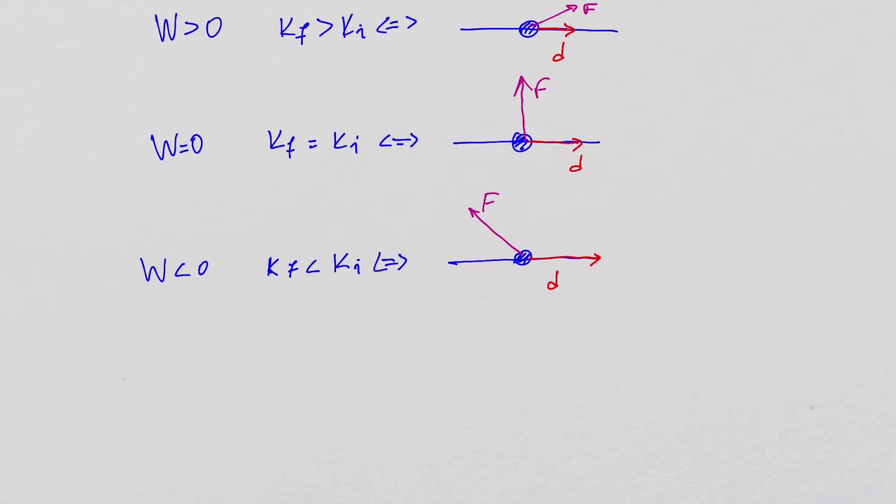In the case when the work done is zero, which is when the applied force is perpendicular to the displacement of the object, the two kinetic energies, final and initial, are equal. And finally, when the work is negative, which means that the applied force has a component that is in the opposite direction to the displacement of the object, the final kinetic energy is smaller than the initial kinetic energy.